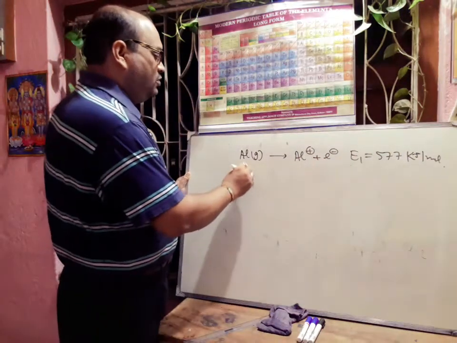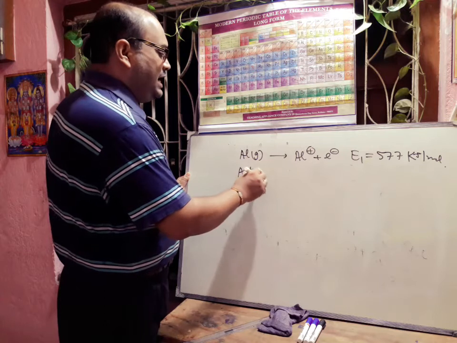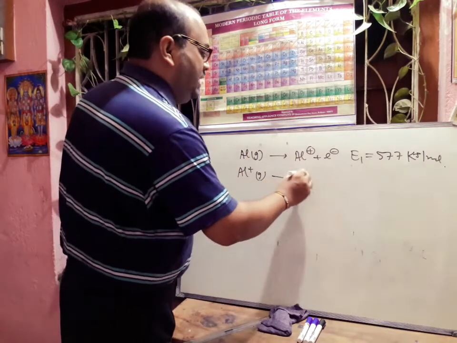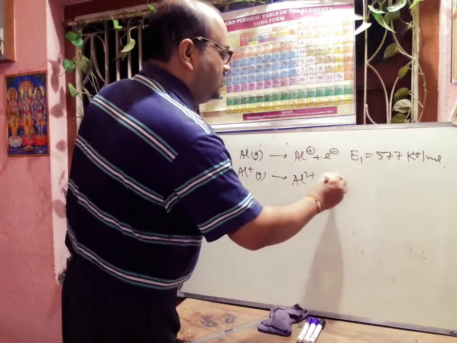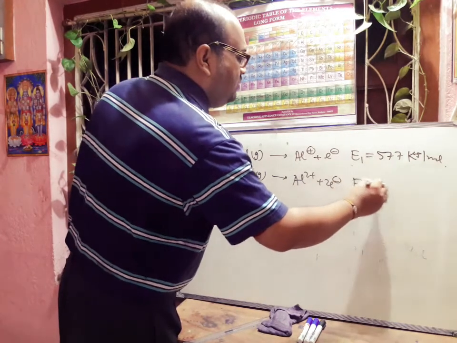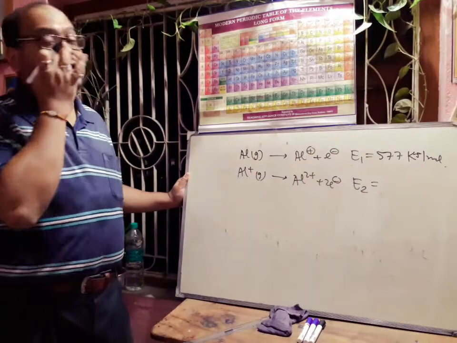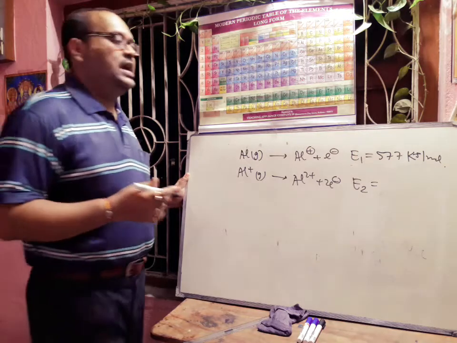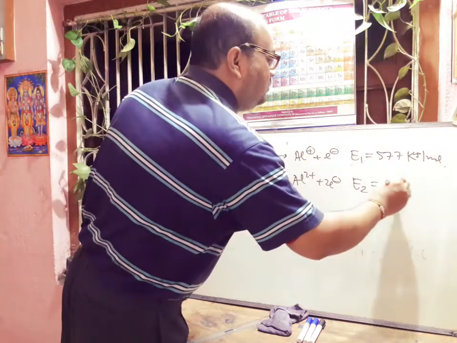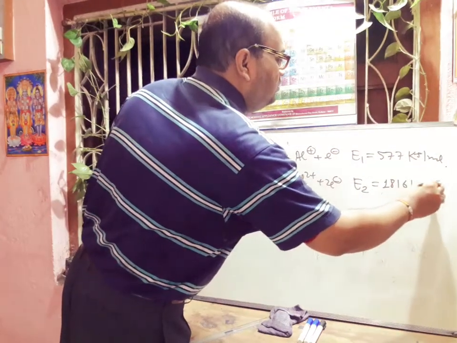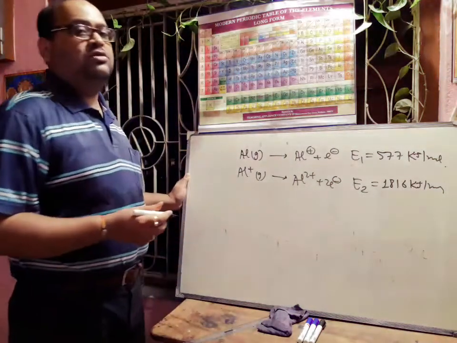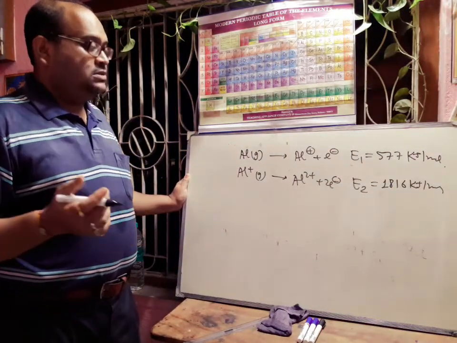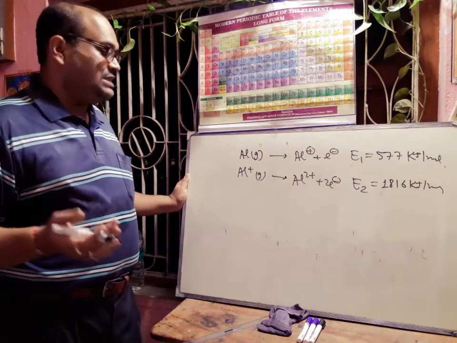But if we want to remove the second electron from Al+, that will be Al2+ plus 2 electrons. So definitely higher energy is required compared to the first ionization energy, and its value will be around 1816 kilojoule per mole. And we know that aluminium can also show +3.